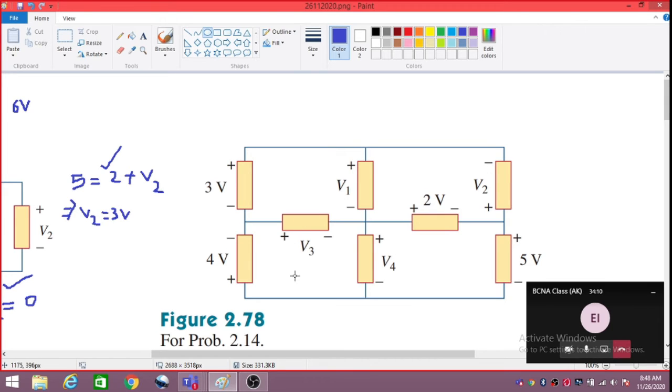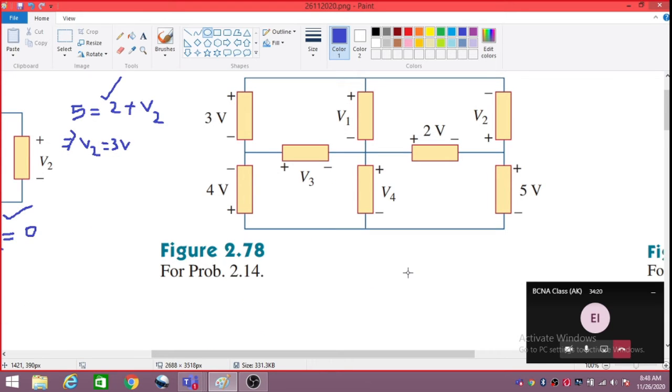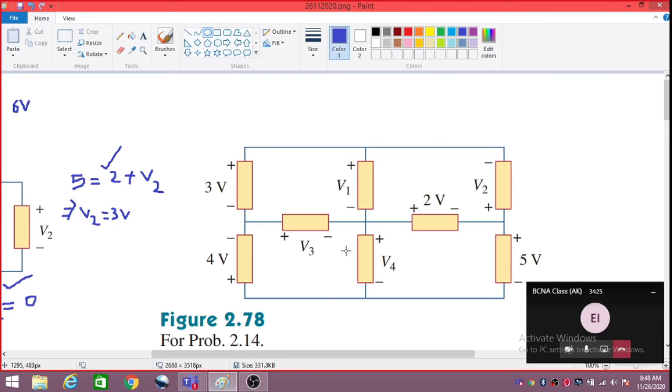So in this loop, let us find out V1, V2, V3 and V4. How will we find out? First of all, what do you suggest? Which one should I go for first?